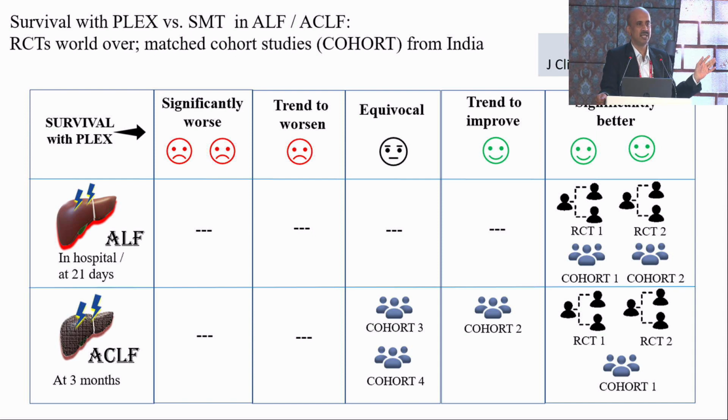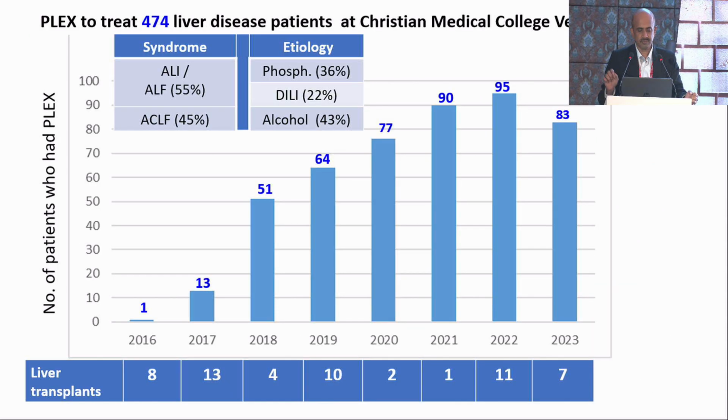They all seem to show a benefit, but the benefit is maximally shown in the RCTs or in the cohort studies which have used a single etiology in the group of patients studied. So as I said, the sense that we have in our institution is that this seems to be improving survival, and we are doing more and more patients on this.